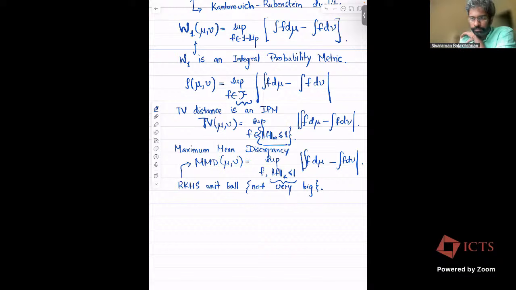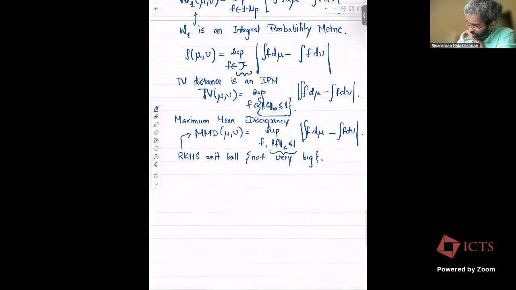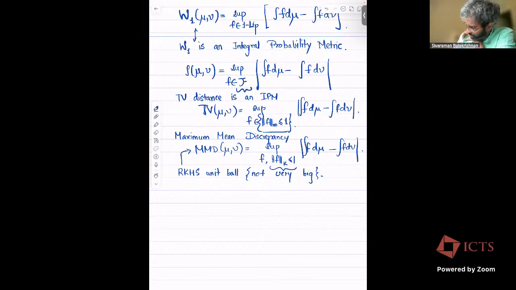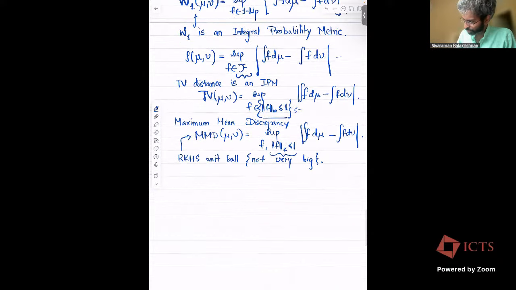What's the relationship between these three distances? Can one say something? Yeah, you can always say that the TV distance is bigger than W1 just because this collection is bigger than this one. In the W1, f is also bounded by 1? It's not. Maybe I should be a little careful. You can't say something too general.